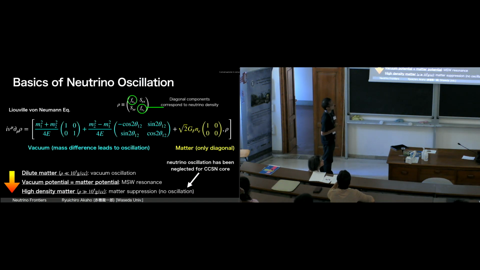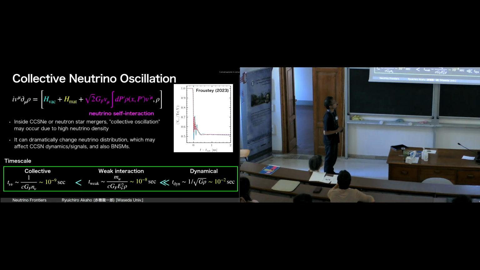That's enough for the Boltzmann neutrino transport simulation, and I will move on to collective neutrino oscillation. Maybe this is also already familiar to you, but in ordinary neutrino oscillations, the vacuum oscillation causes flavor exchange. But in a dense neutrino environment such as core-collapse supernovae, neutrino self-interaction terms appear and are likely to be the most dominant among the quantum kinetic equations.